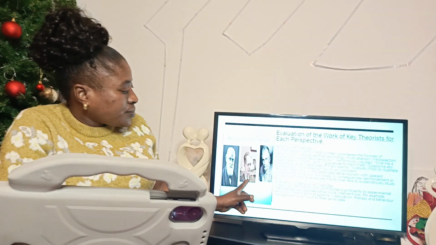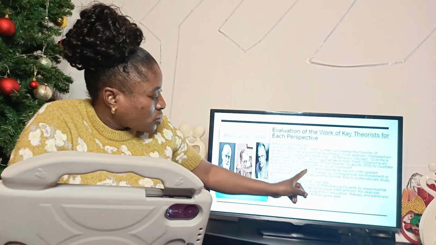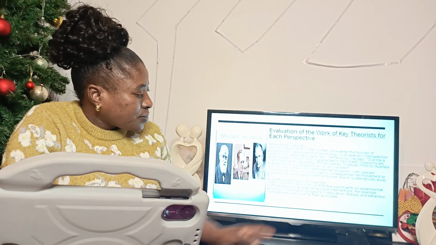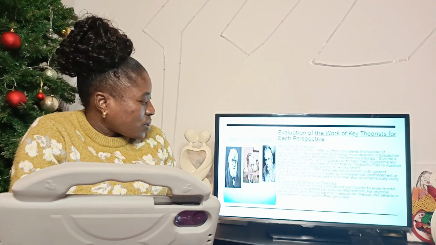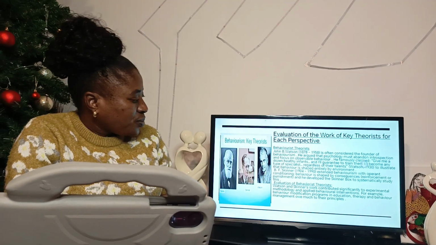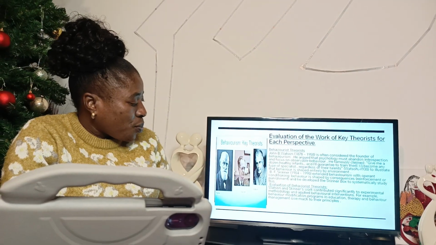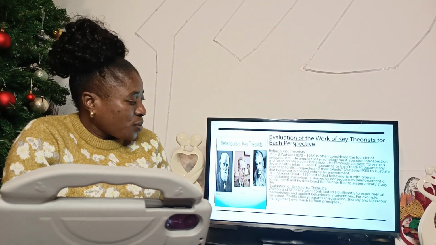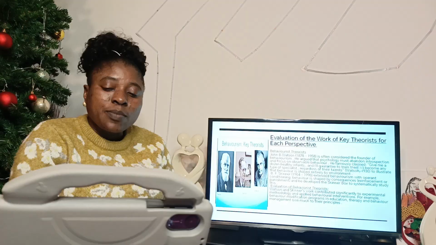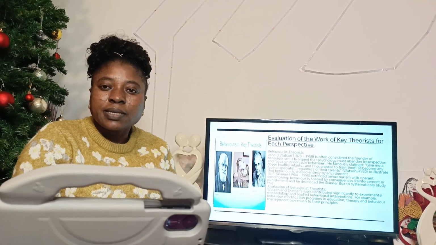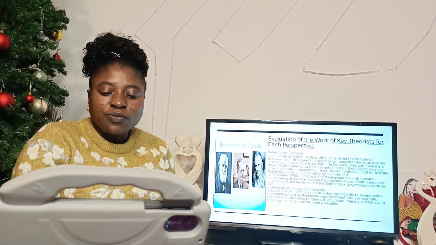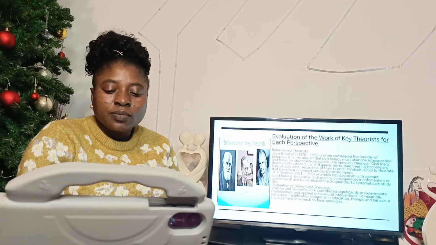B. F. Skinner, 1904 to 1990, extended behaviorism with operant conditioning. Behavior is shaped by consequences, reinforcement, or punishment, and he developed the Skinner box to systematically study this. Evaluation of behaviorist theorists.